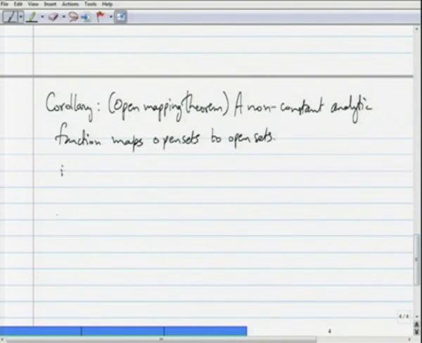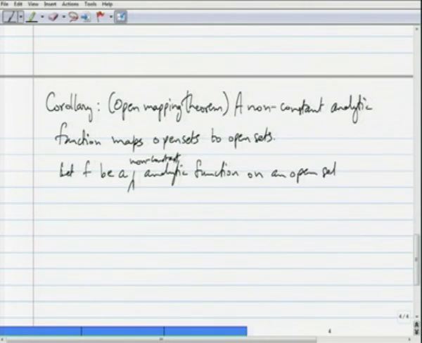I.e., stated in another way, let f be a non-constant analytic function on an open set G, then f of G is open in C. G is an open set in C, then f of G is an open set in C as well. Okay, so this is another way of stating the same.